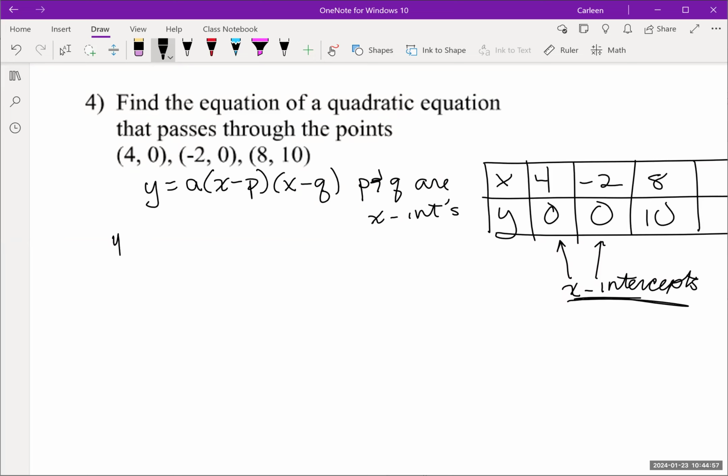Okay, so y equals a(x minus 4)(x minus negative 2).